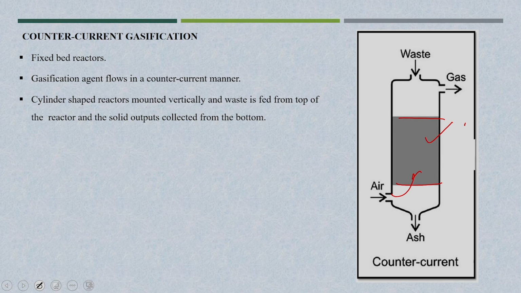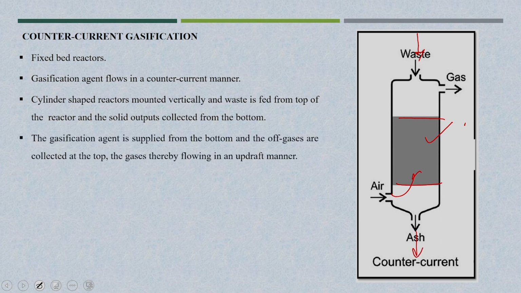It is a cylinder shaped reactor mounted vertically, and the waste is fed from the top of the reactor and the solid output is collected from the bottom. So, the waste is fed from the top and the ash will come out. The gasification agent is supplied from the bottom and then the off gases are collected at the top. So, this is the gasification agent and gases will come out from the top.